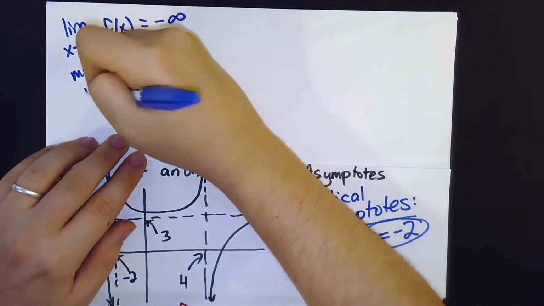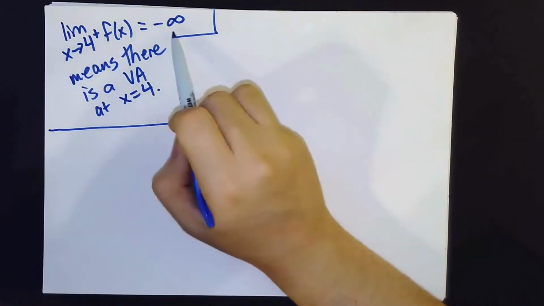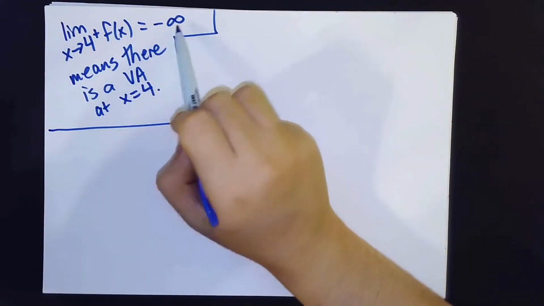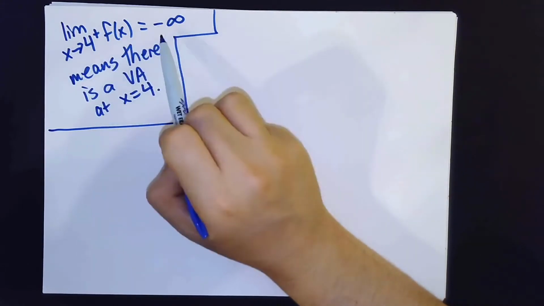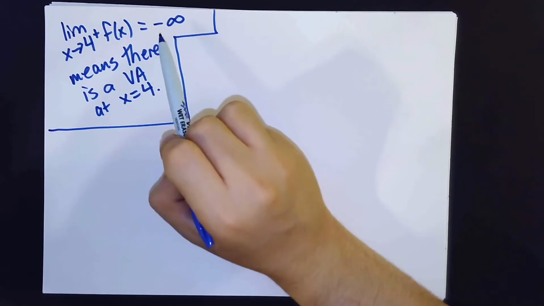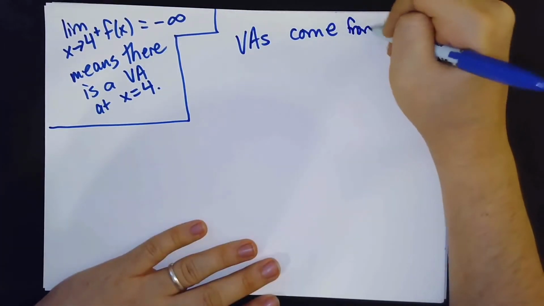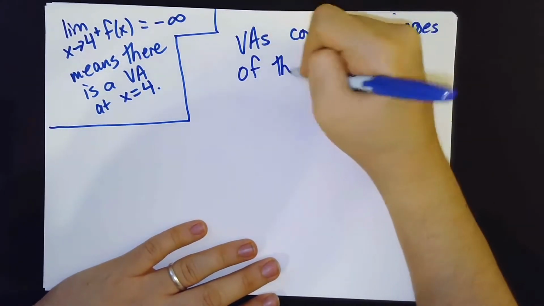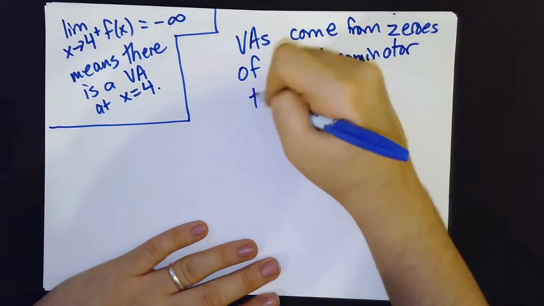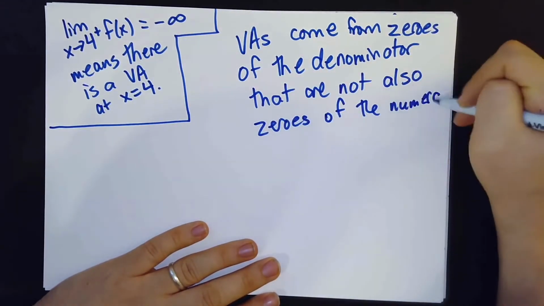That's what tells me that this is a vertical asymptote. We talked about this kind of limit in the last section, 2.4, and we learned where this came from. Namely, this came from spots where the denominator was 0, but the numerator wasn't. So vertical asymptotes come from zeros of the denominator of a rational function that are not also zeros of the numerator.